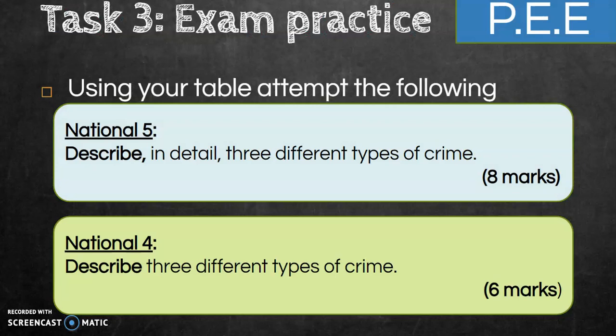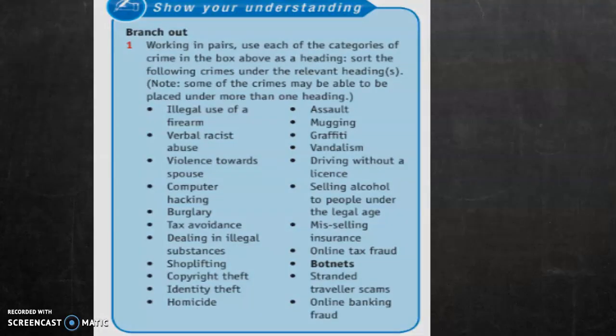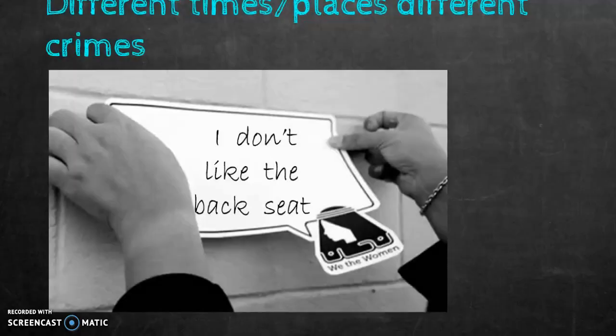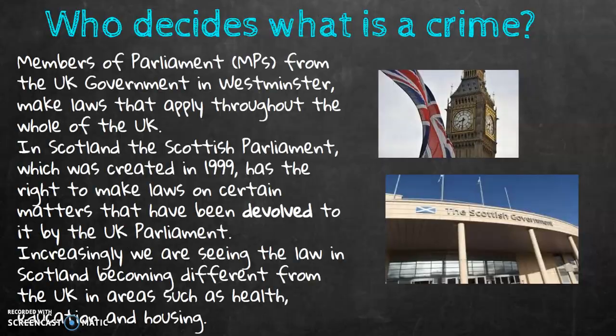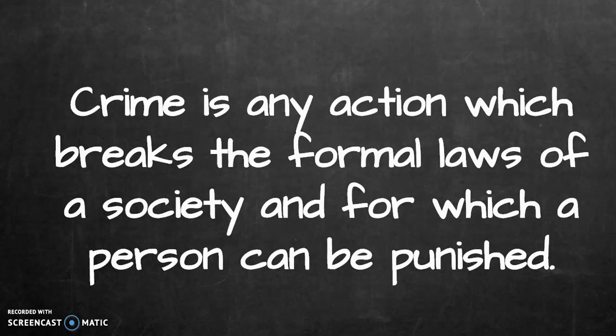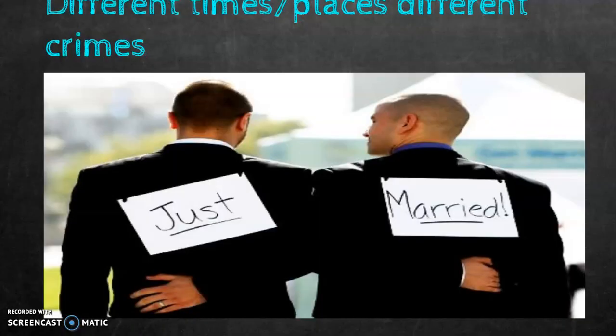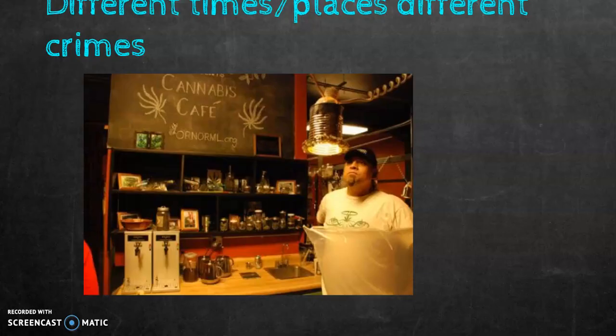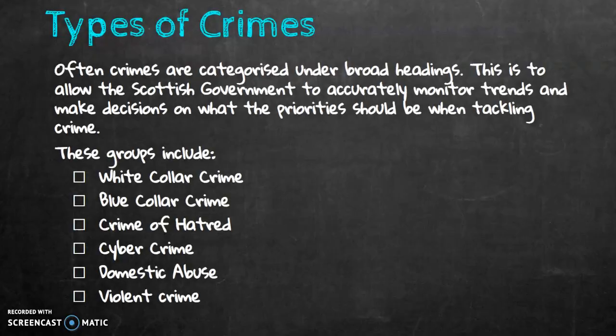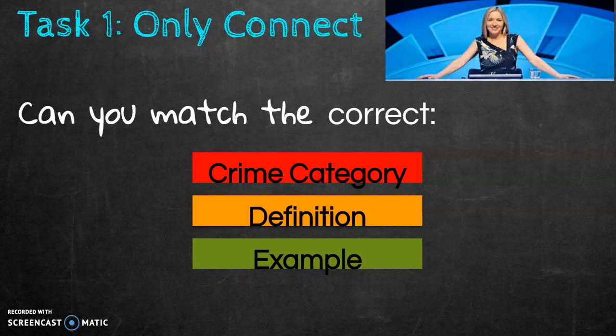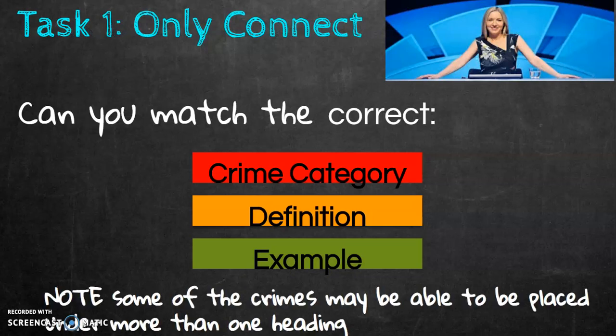So what you should hopefully have by the end of this lesson are 3 key things. You should have a definition of crime. You should know the government allows you to decide where crimes are made. You should know about 6 categories of crime. You should have gone through and highlighted your copy of the sheet, the different categories, the definitions and examples.